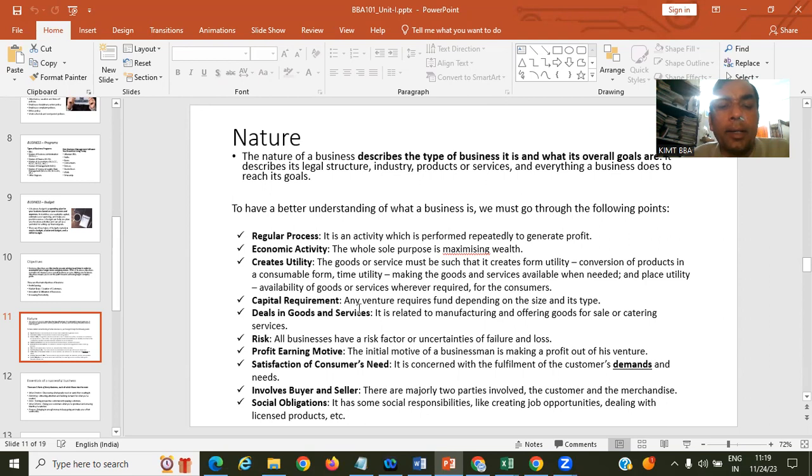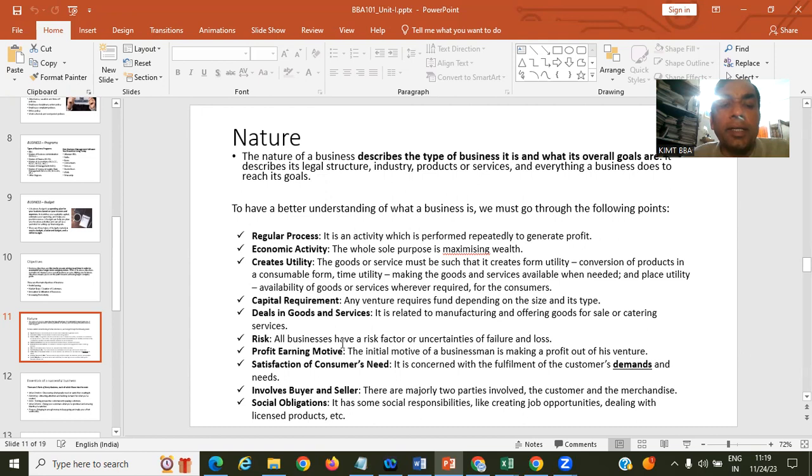Capital requirement. Any business requires funds depending on the size and type. Whatever you are producing or making, depending on the type of business, you need money, you need capital. So initial investment.